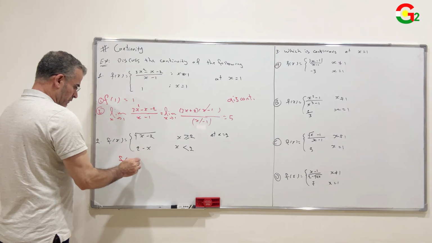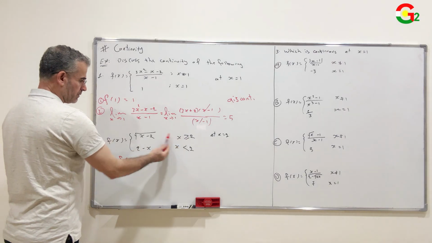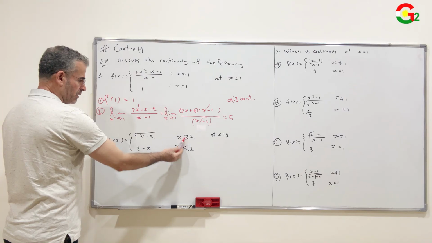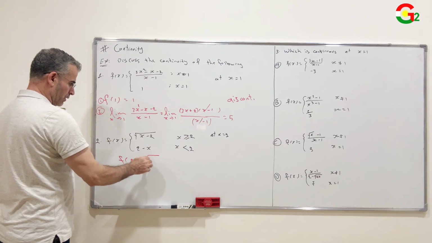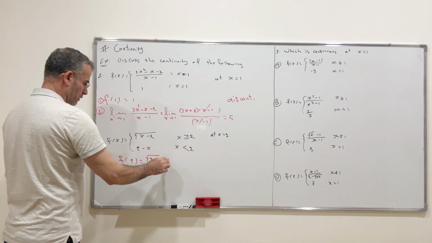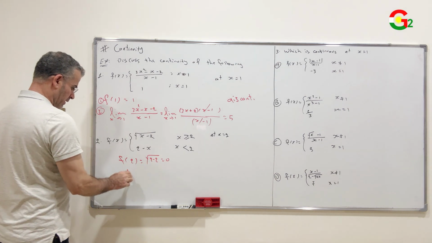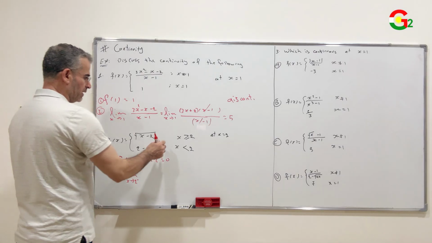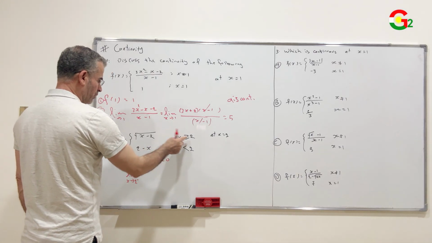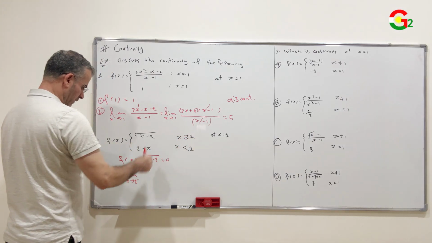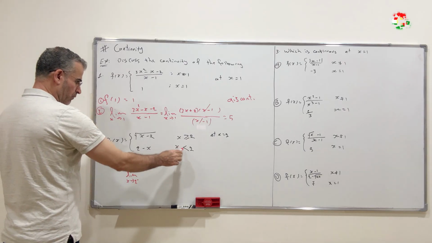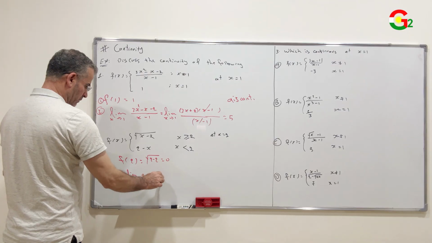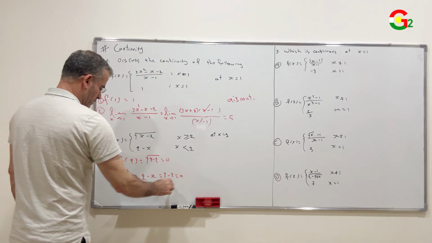f of 2 equals, I'll substitute in the first segment because the equal sign is here: square root of 2 − 2 equals 0. Limit as x approaches 2: I'll take it from left and from right because 2 appears in two intervals. From the left, when x is less than 2, I substitute in this segment: 2 − 2 equals 0.